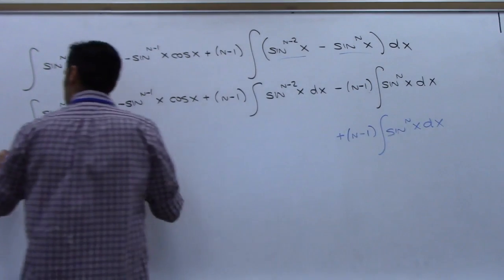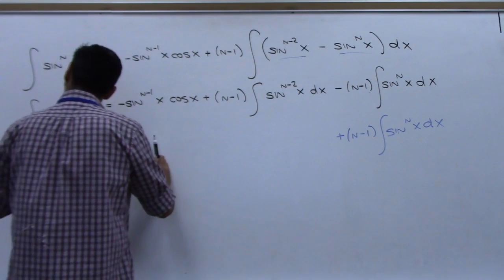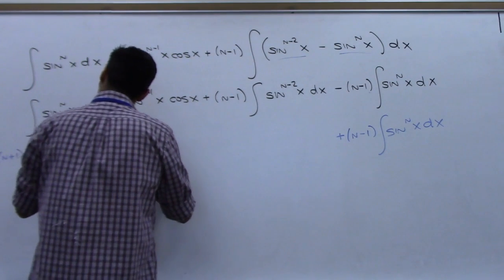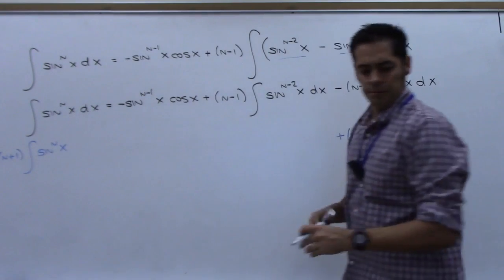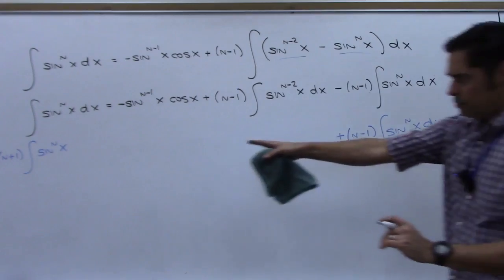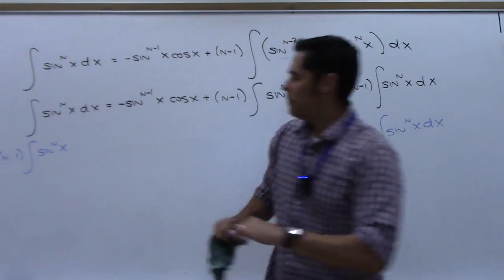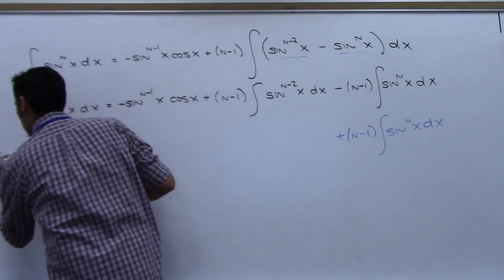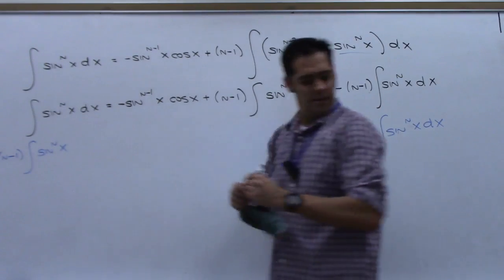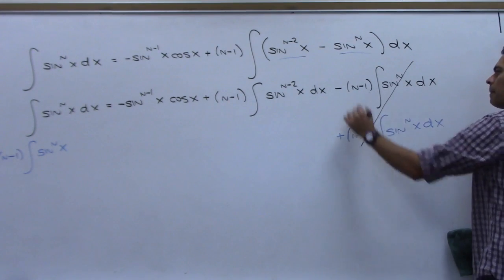So I need to add n plus 1 of these integrals to both sides. No, minus 1. Sorry, minus 1. That would have been a disaster. I'm adding this. All right, we good? Okay, this is gone.